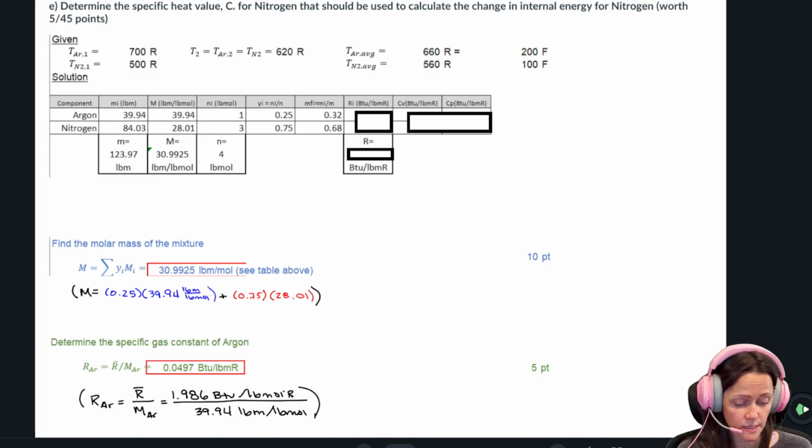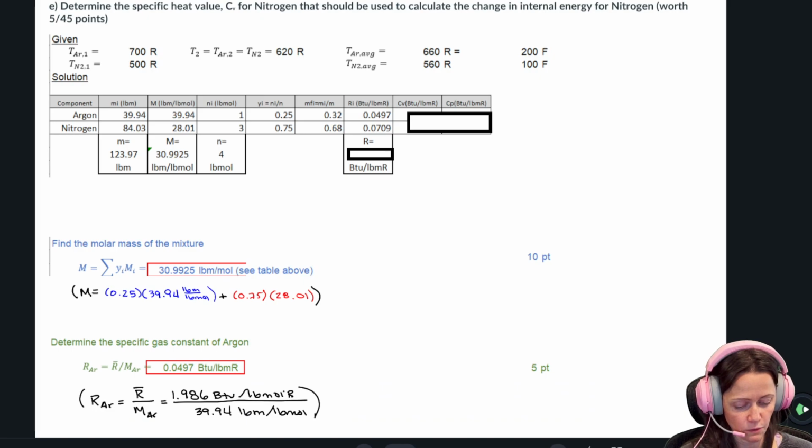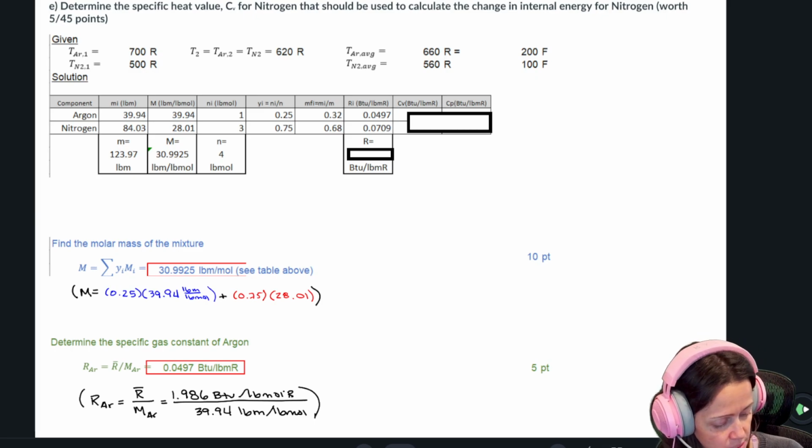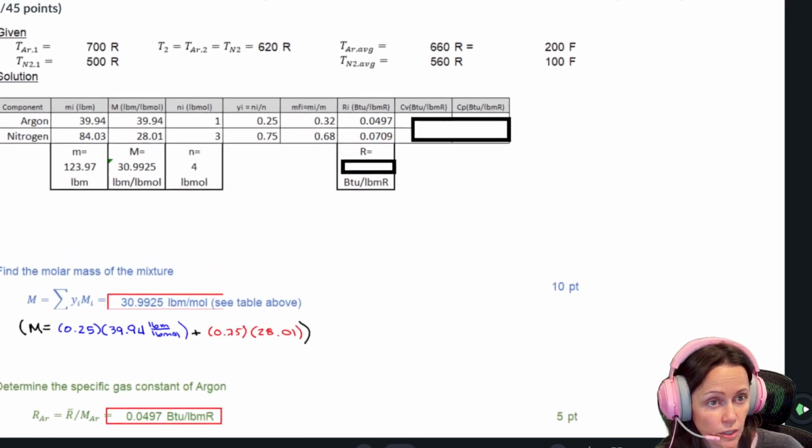So 1.986 divided by 39.94, and that would give you BTU per pound mass degree Rankine. You could do the exact same thing for your nitrogen as well. So that's the other number there. It didn't ask for it, I don't think, but we have the information there.